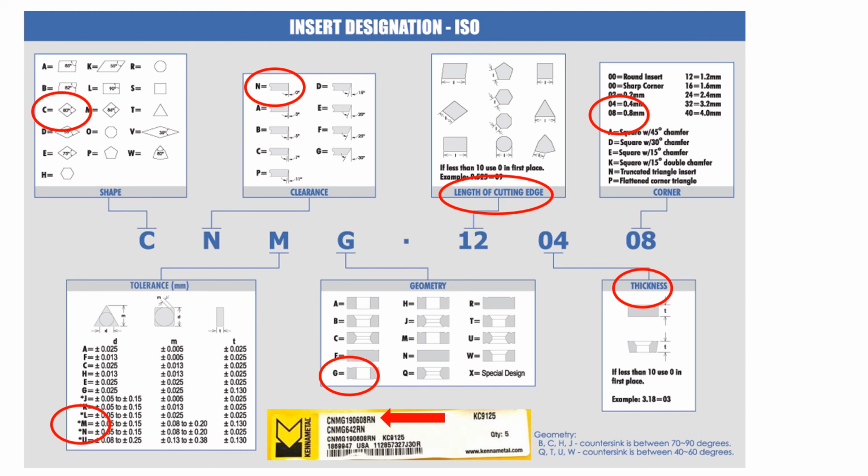The next value, which is 12, is the length of my cutting edge. The next one, 04, is the thickness of my insert. And 08, already discussed this, is the radius of the tool, from which the feed rate is derived. In this case, it's 0.8 of a millimeter radius on the insert.